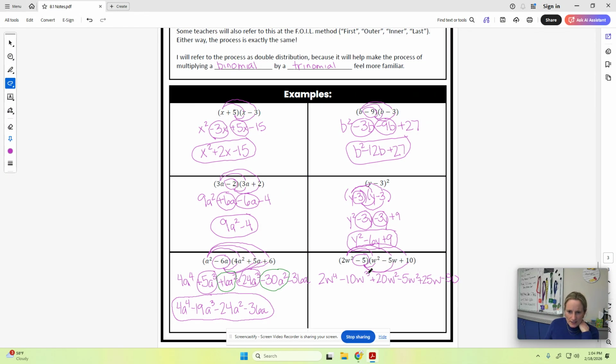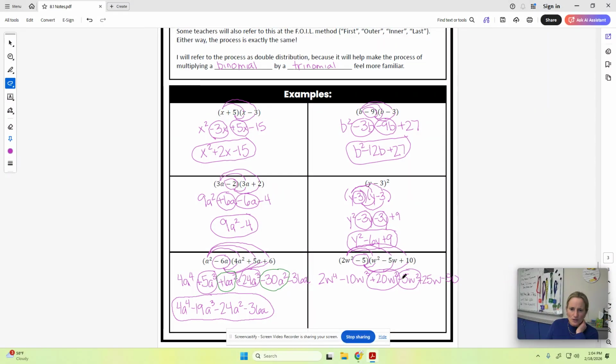When we look for our like terms, there is no other w to the 4th. There's no other w to the 3rd. We do have 20w squared and negative 5w squared. But those look to be our only like terms. This is the only term with w to the 1st, and this is the only constant.